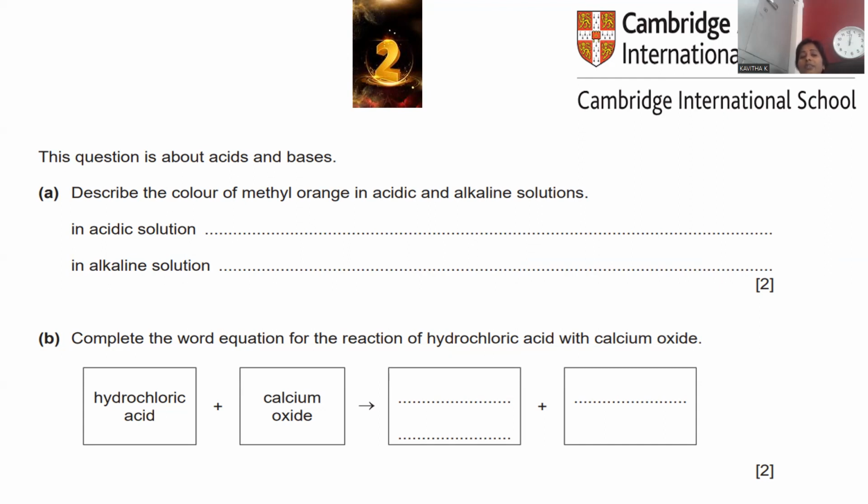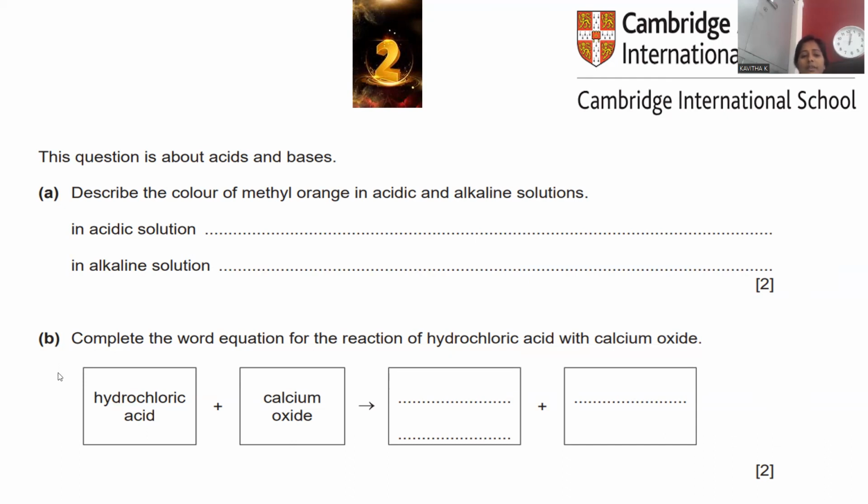Upon converting into the basic medium, a slight transformation occurs and it rearranges into another structure, so that the color transition we can notice. That's the reason why, though it is the same compound, it exists in one color in the acidic solution and another color in the alkaline solution. This is the way with methyl orange, whose acidic and alkaline solution colors are to be mentioned.